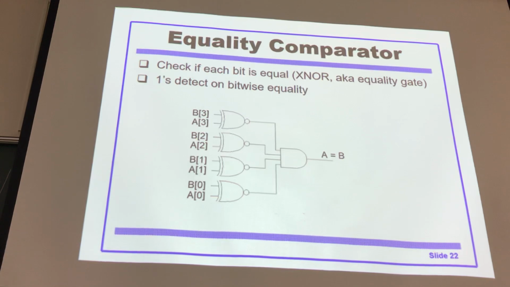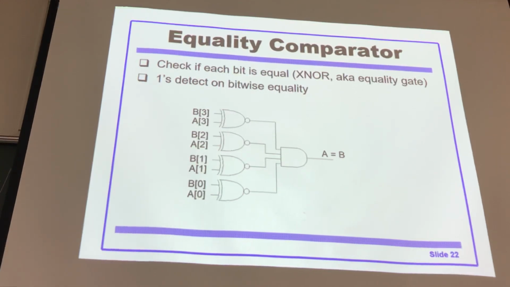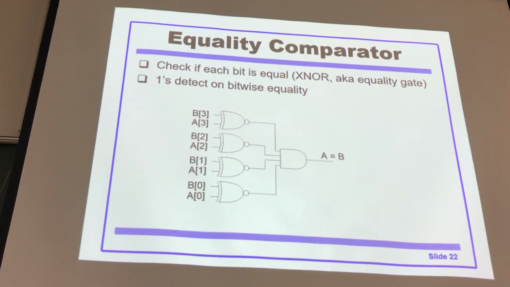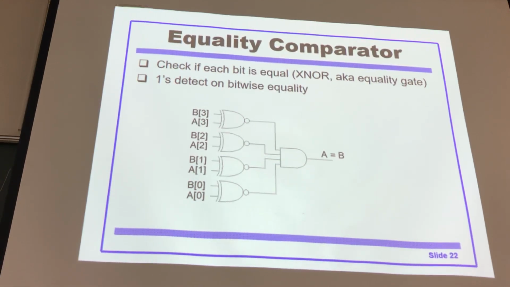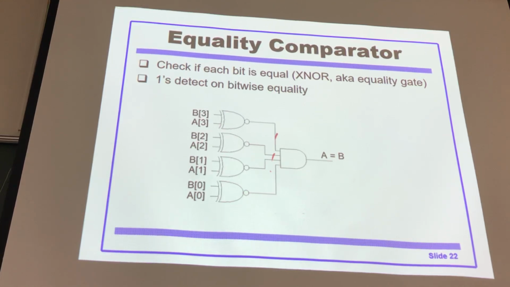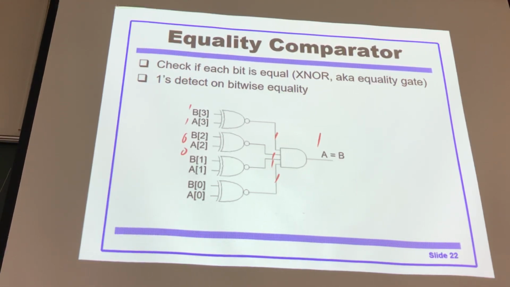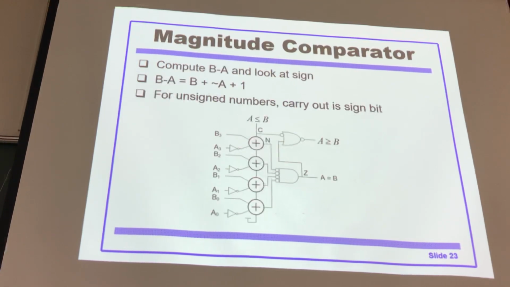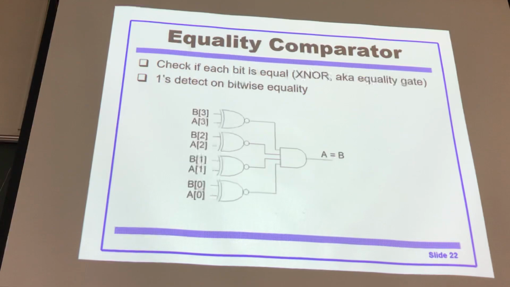Okay, any questions? Only if each bit is 1, 1, 1, 1, you get 1, right? 1, 1, 0, 0. Okay. Great, let's take a break.